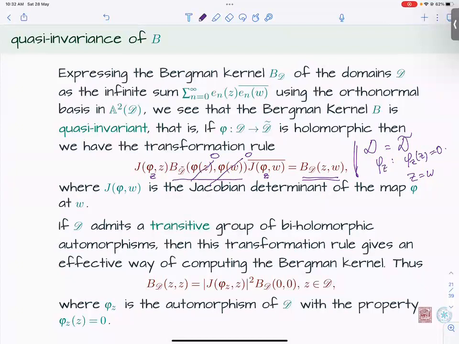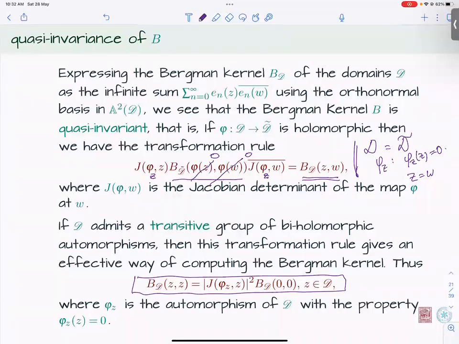So you find exactly this, that the Bergman kernel at z comma z is nothing but the determinant of the derivative of such a phi_z, absolute square, times the Bergman kernel at 0, 0.